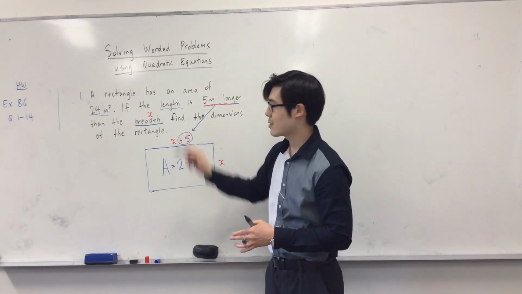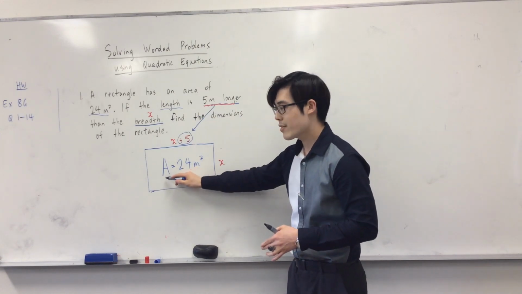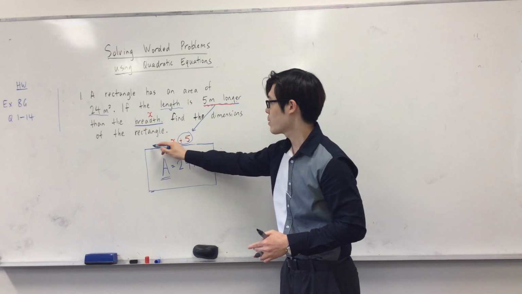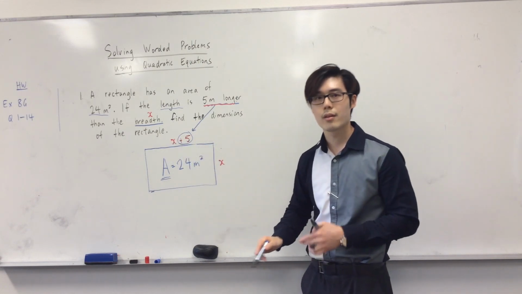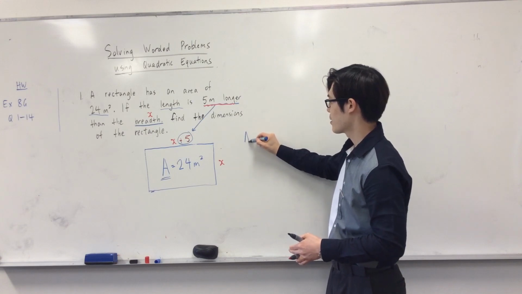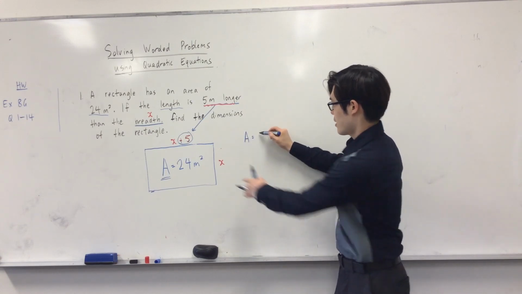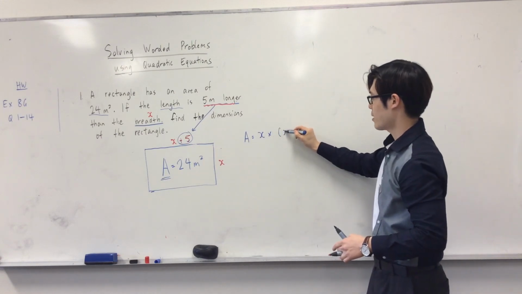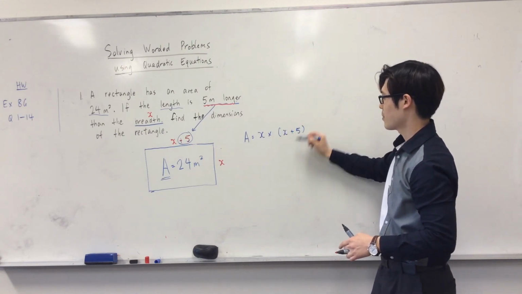Now, in order to actually answer the question, because we're given the area, what we want to do is see what we get when we multiply the length and the breadth, because that's what you have to do to find the area of a rectangle. So area equals x times, in a bracket, x plus 5.